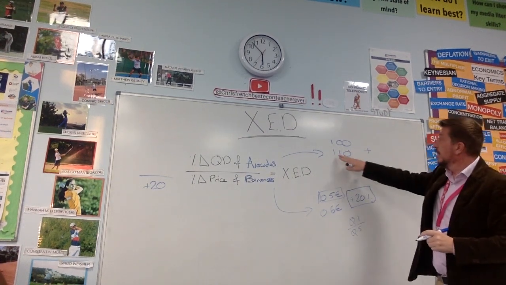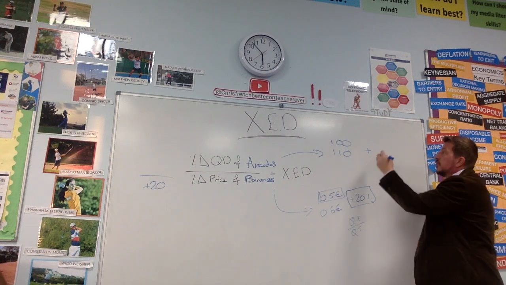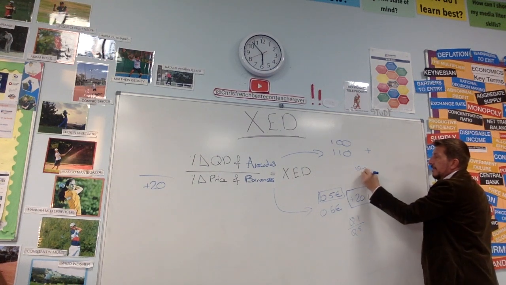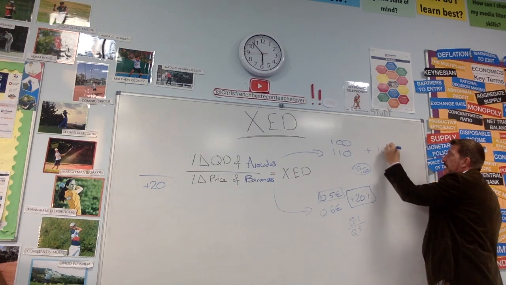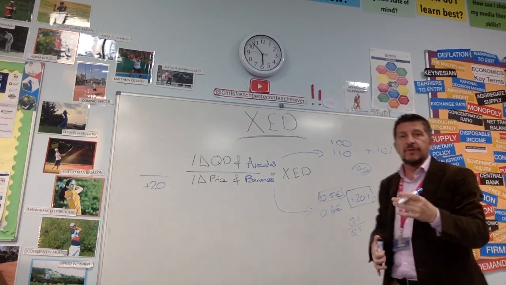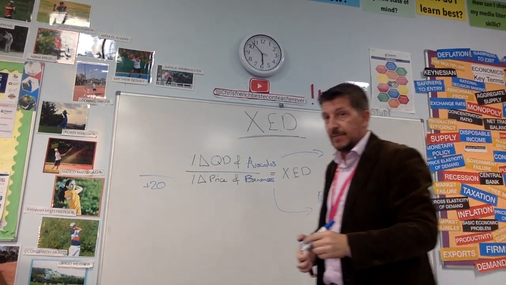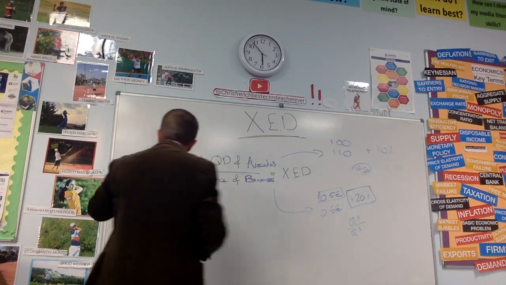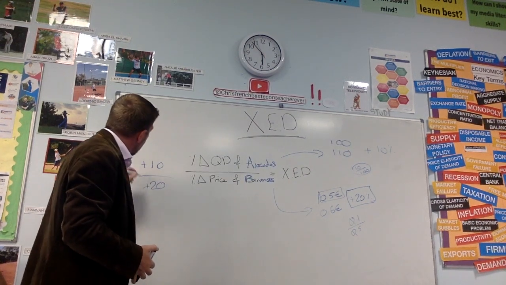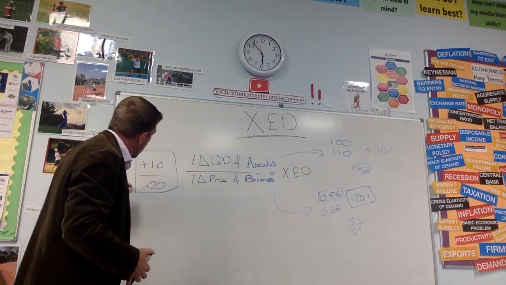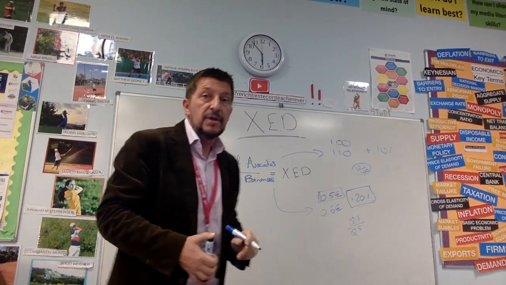This is a very simple one, isn't it? 100 to 110, change divided by original value, 10 over 100. That gives us a 10% increase in the demand for avocados. Simple stuff. What we do know is that this is our cross elasticity of demand.